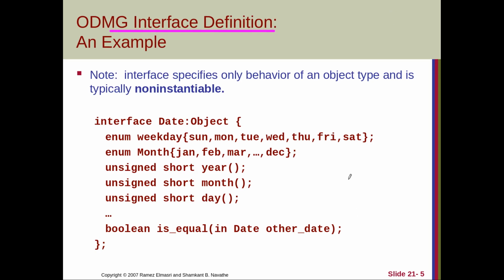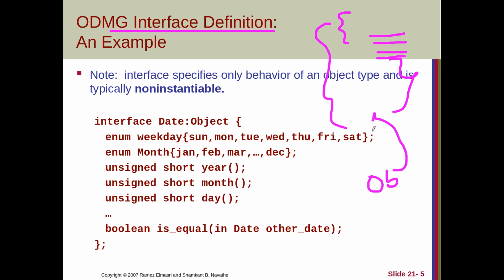Similarly, in ODMG we will have a class like structure that is used to define the properties of a particular class, and based on this class we will form objects which hold all the properties of that class. So we are following the same object oriented programming language concept in this object oriented database also.